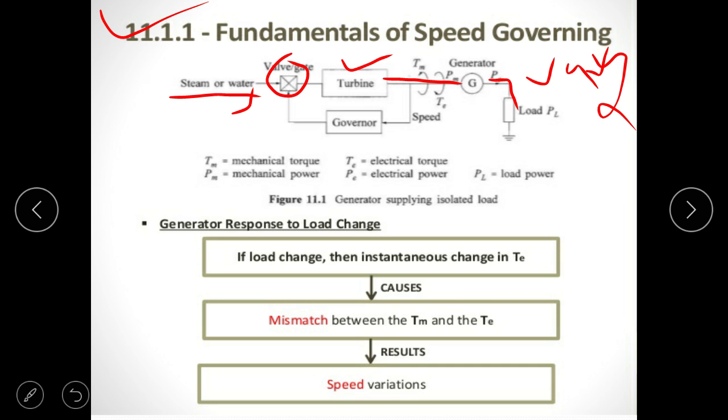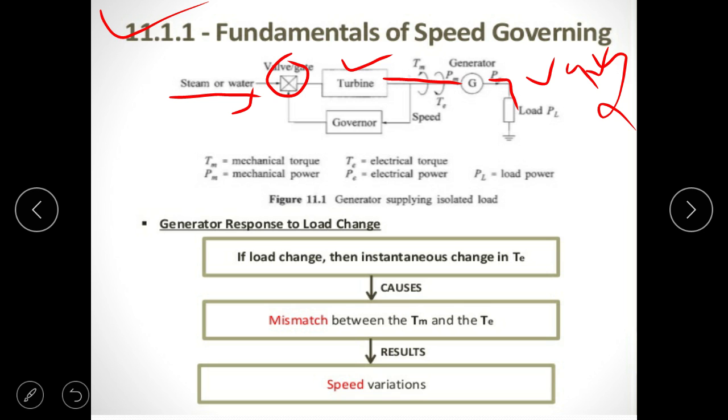Or if in the power system load demand is decreased, then generator speed increases, turbine speed is also affected since it is connected to the generator, and steam input is also affected.